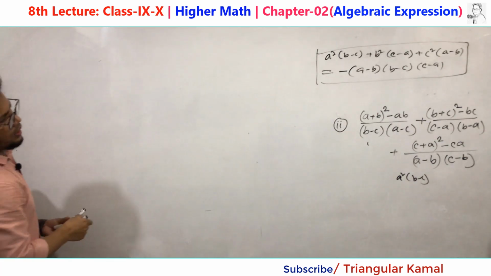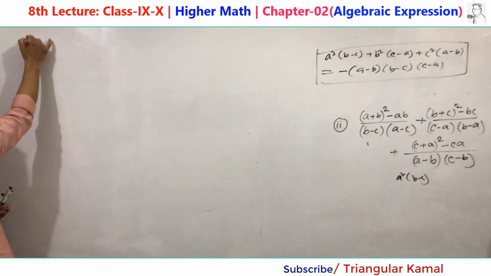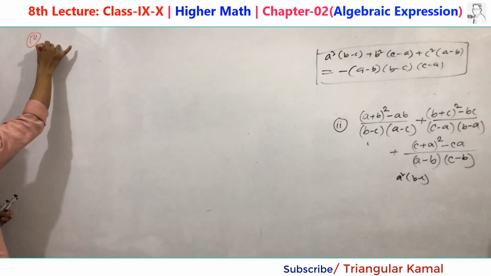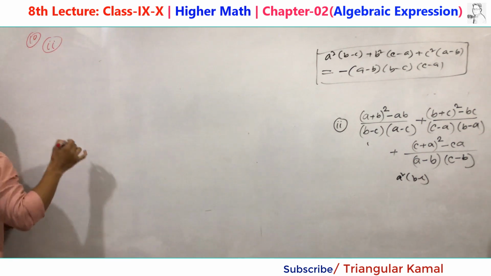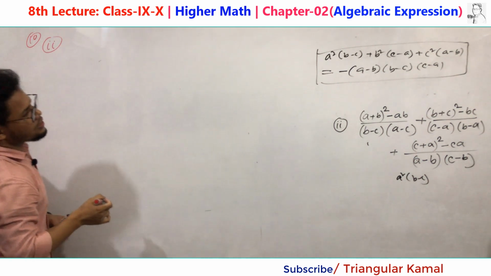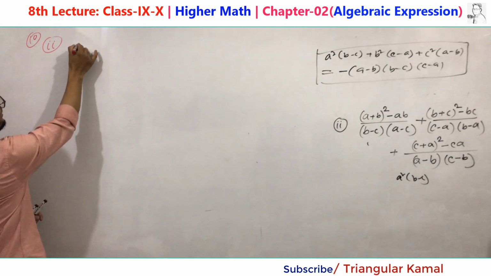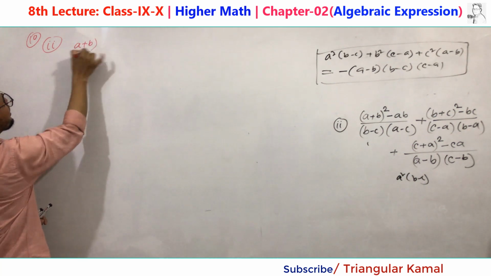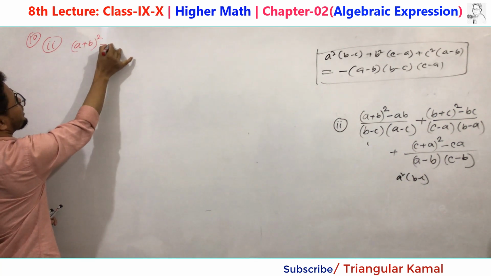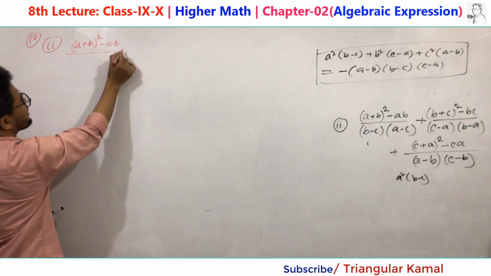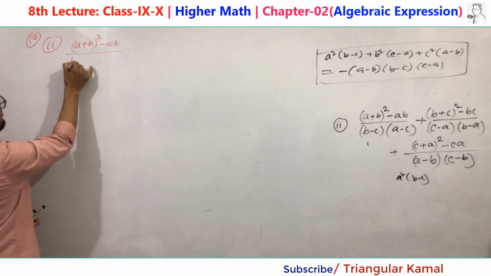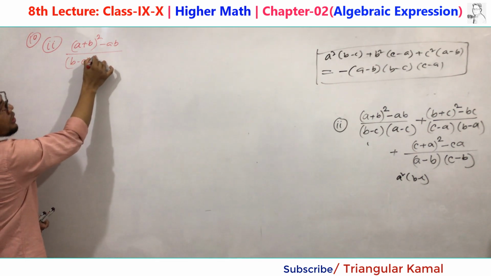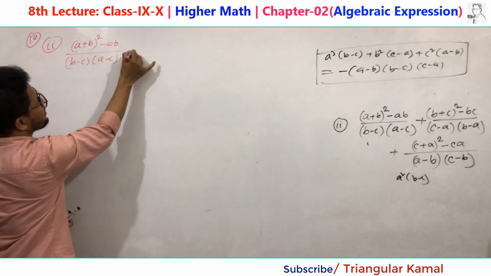Okay, number 2. Here we are given: first, (a plus b) whole square minus ab, divided by (b minus c) and (a minus c).